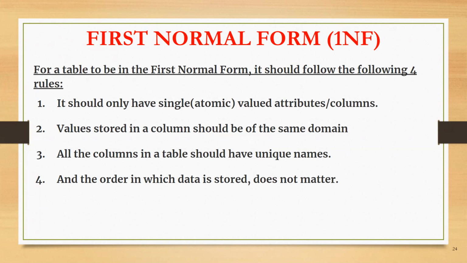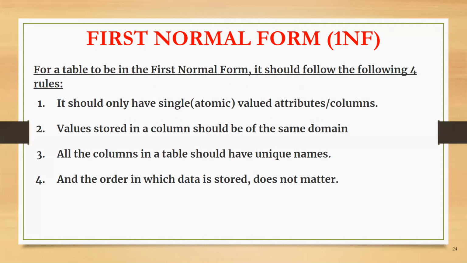It cannot hold multiple attribute values. Second, values stored in a column should be of the same domain. So whatever data type you mentioned at the time of creation of your column, the attribute values should belong to that same data type. Third, all the columns in the table should have unique names. Fourth, the order in which the data is stored doesn't matter.